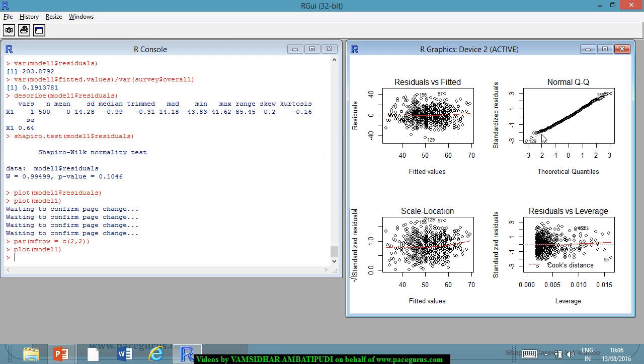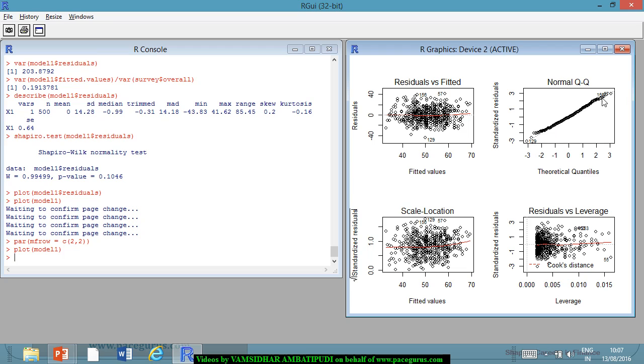So I am taking the actual residual versus, if that particular residual is normally distributed, what should have been its theoretical quantile. So I am looking at the theoretical quantiles as well as the standardized residuals, going with a plot. So as long as these points are on this 45-degree line, it indicates that all these residuals are normal. The more they deviate from this line, it indicates that the residuals are not normal.